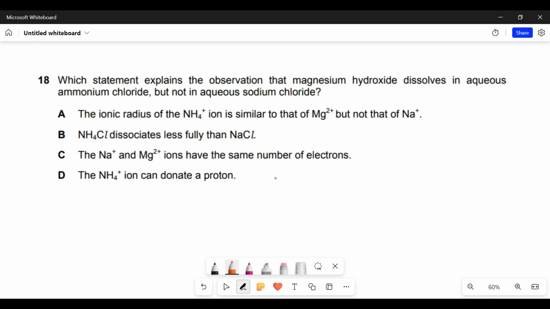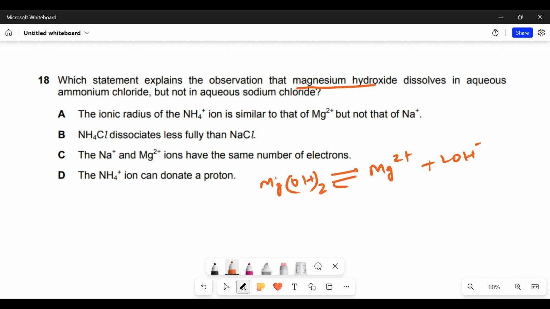Question number 18. Which statement explains the observation that magnesium hydroxide dissolves in aqueous ammonium chloride but not in aqueous sodium chloride? Magnesium hydroxide, formula Mg(OH)2. It has low solubility in water. That means it dissociates partially into Mg2+ and 2OH minus.